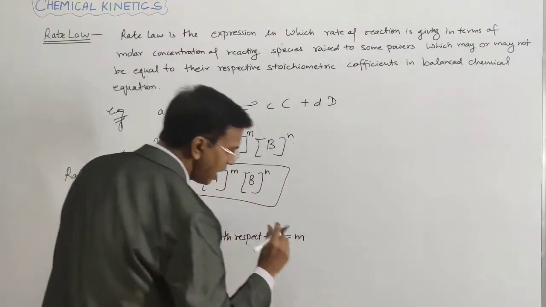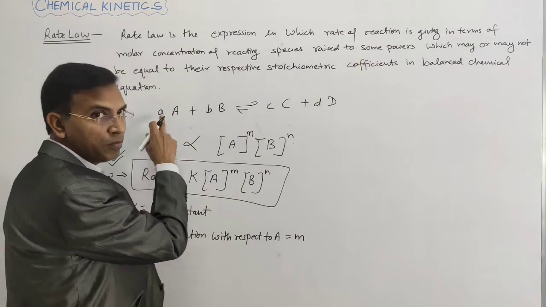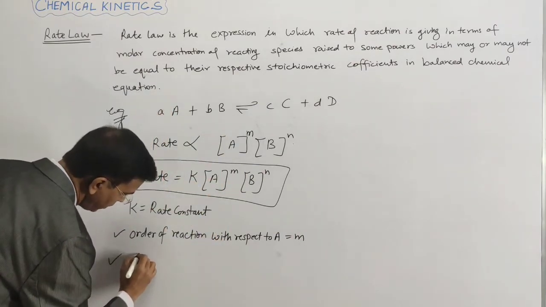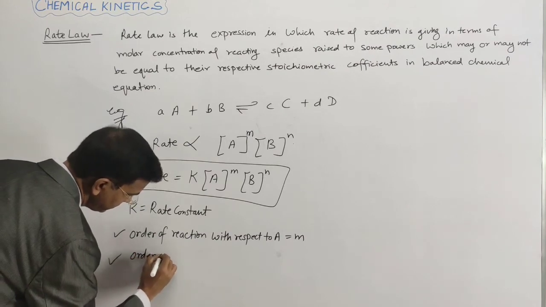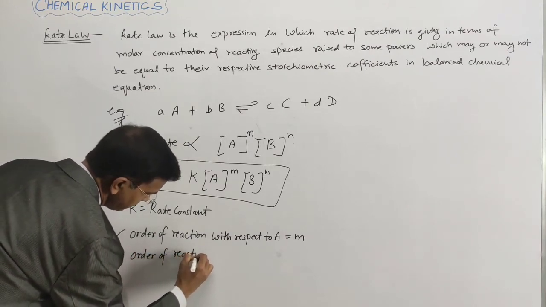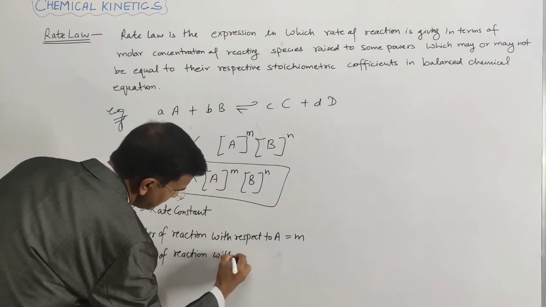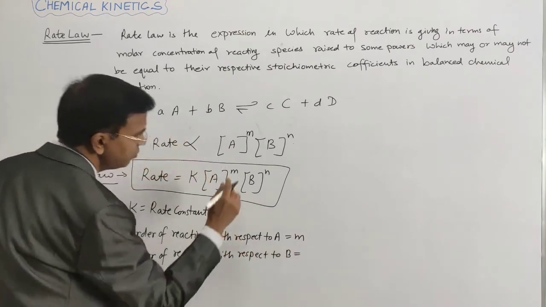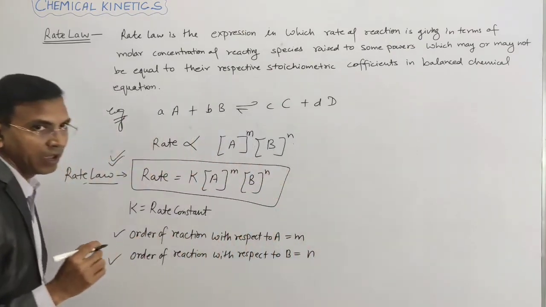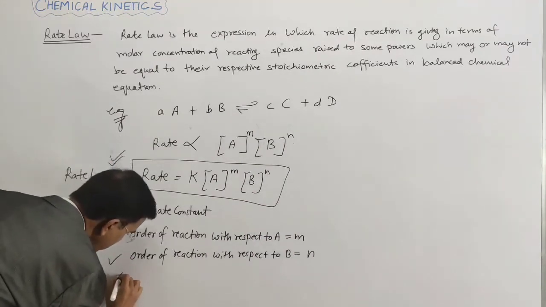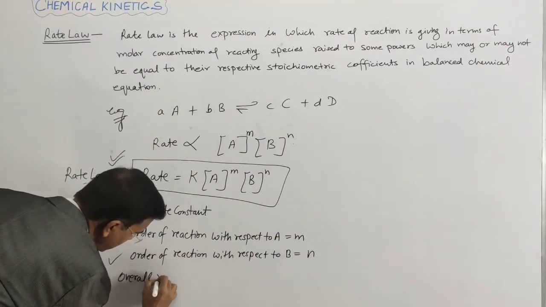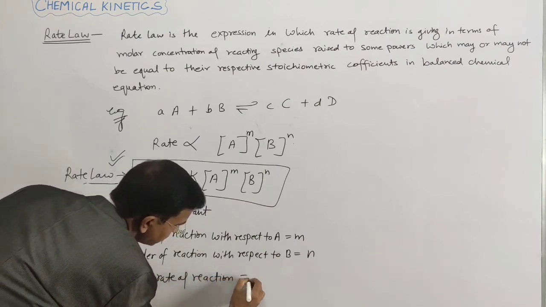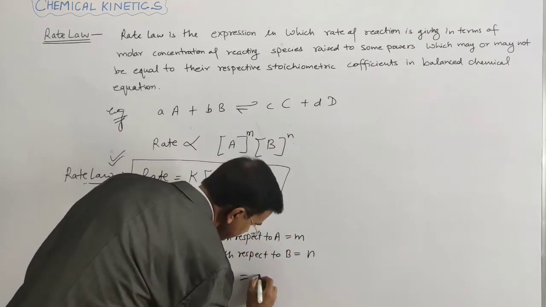The order of reaction with respect to B is equal to n. And the overall order of reaction is equal to m plus n.